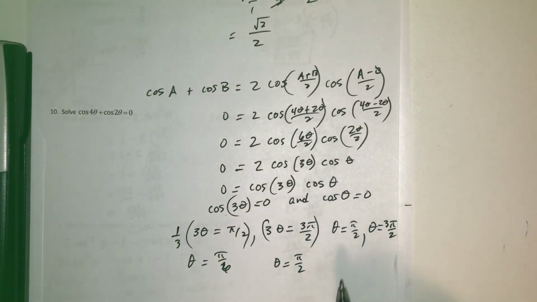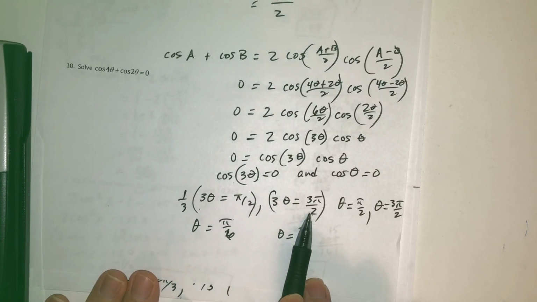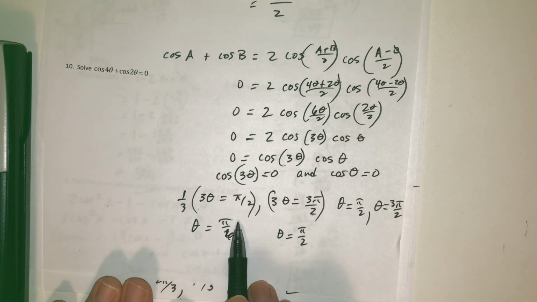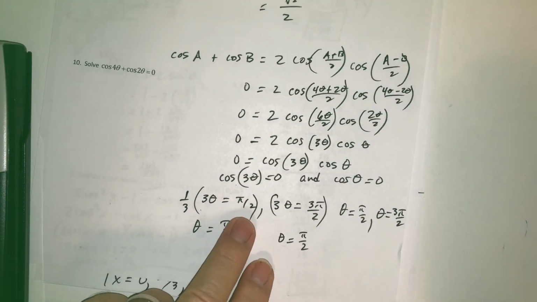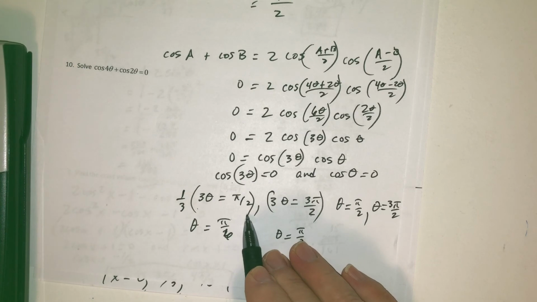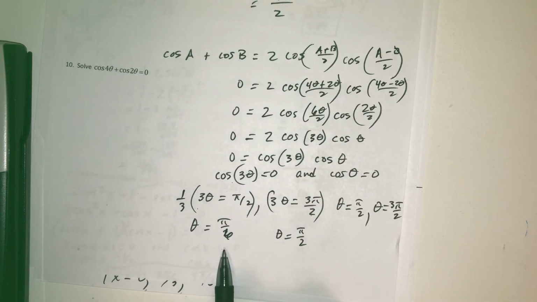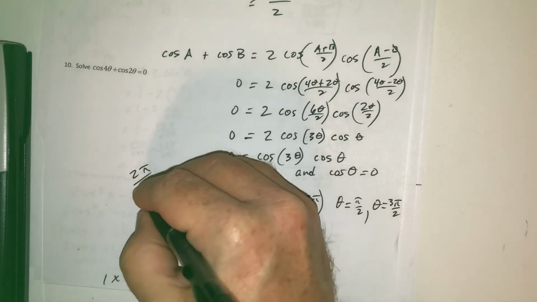Now, the thing about these two equations is that the period has changed. The new period would be 2 pi divided by 3, that is, 2/3 of pi.